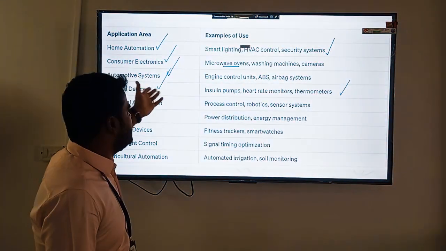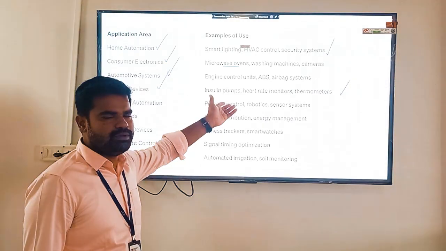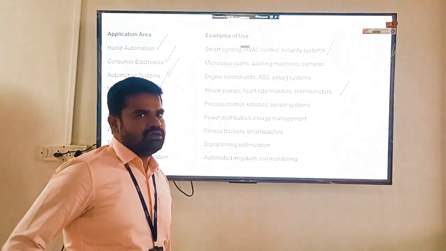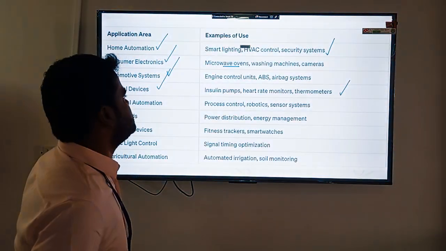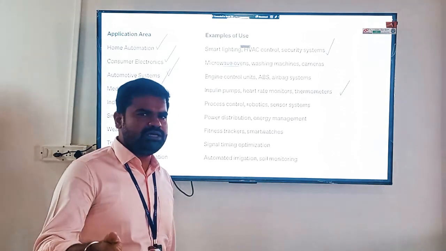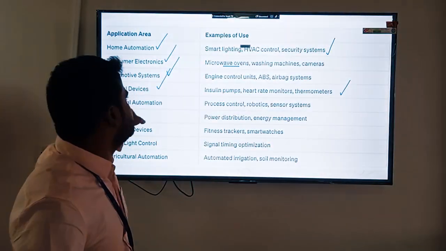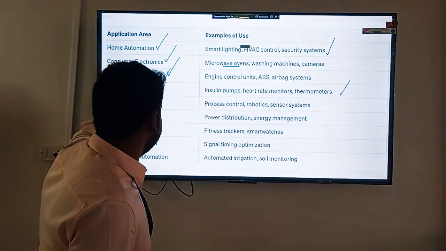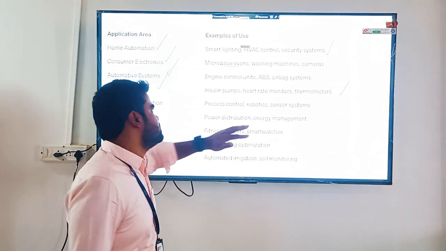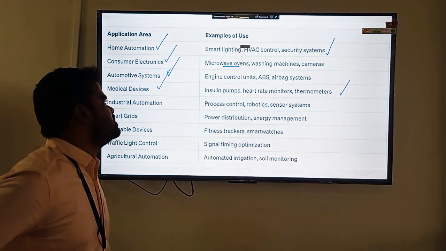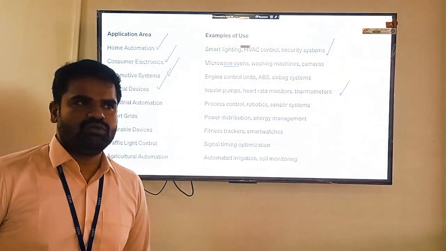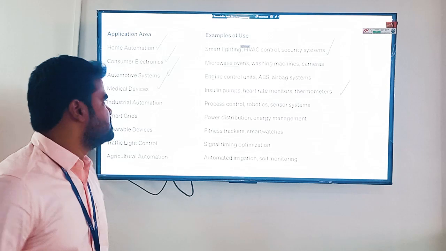And the next one is consumer electronics, like I said earlier, microwave ovens, washing machines, home cameras, etc. And automotive systems, climate control, ABS, EBD systems, both in bikes and cars we use microcontrollers as automotive systems. And medical devices: insulin pumps, heart rate monitors, thermostats, thermometers, etc. And in industry it is used for process control, robotics, and sensor devices in robotics.